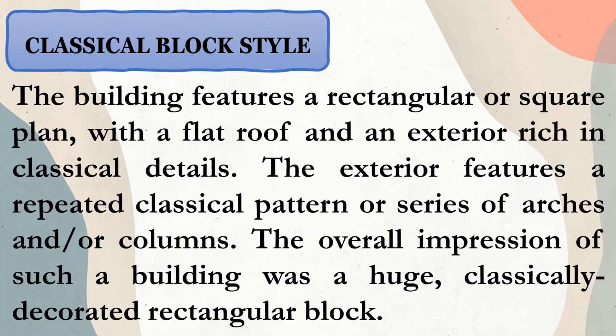The overall impression of such a building was a huge, classically decorated rectangular block. Classical block aesthetic was also known as Beaux-Arts style, since it was developed principally by the French École des Beaux-Arts, School of Fine Arts. Classical block architecture also flourished in the United States, particularly in New York.